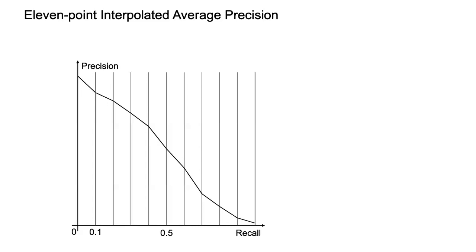But basically, that gives you 11 points because you remember 10 intervals, 11 points, right? 0, 10, 20, 30, 40, 50, 60, 70, 80, 90, 100. That's 11 in total. Okay, that's called 11 points interpolated average precision.